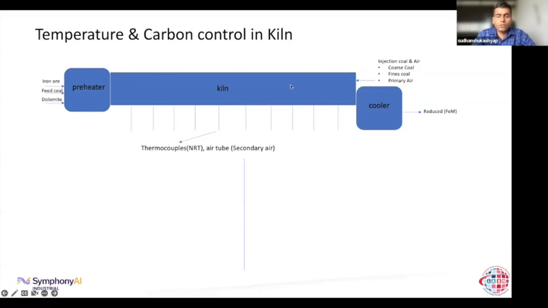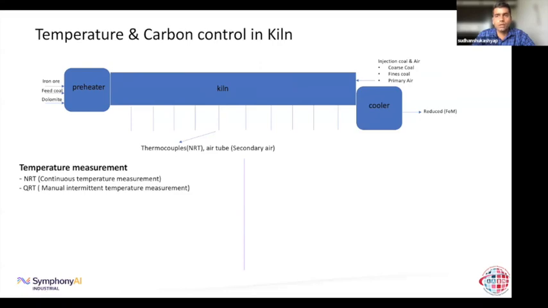So now let's see what temperature measurements are available on the kiln, because we saw that temperature is a very important parameter driving the reactions, and if it goes out of bounds, it will create problems as well.